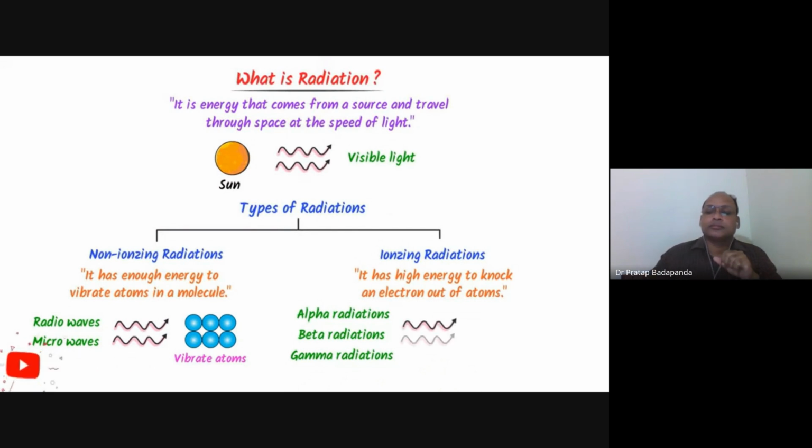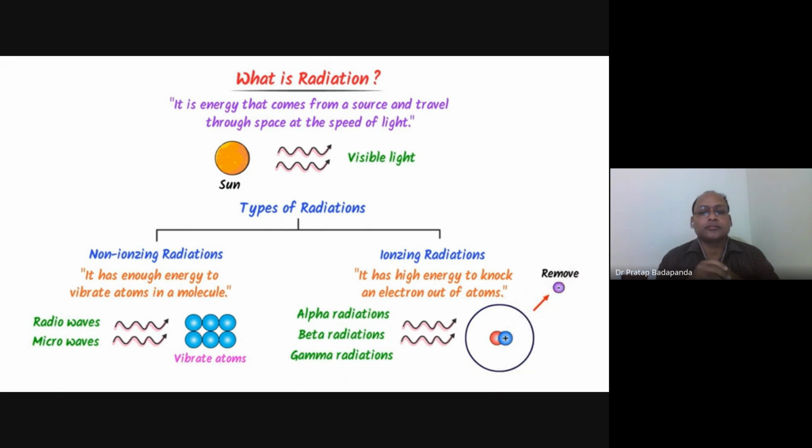When gamma radiations fall on an atom, they can remove an electron out of the atom. We know that when we remove an electron from an atom, this process is called ionization. So we call gamma radiation ionizing radiation because they ionize atoms, or they have the ability to remove an electron from the atoms. Thus note down all these important points.